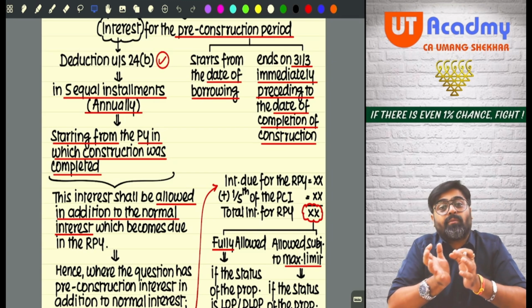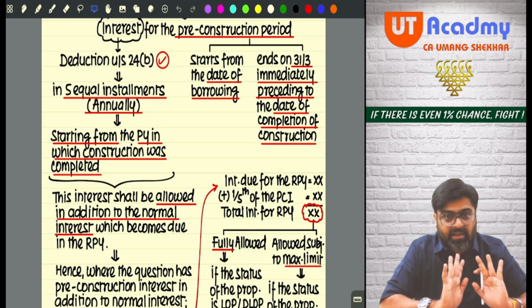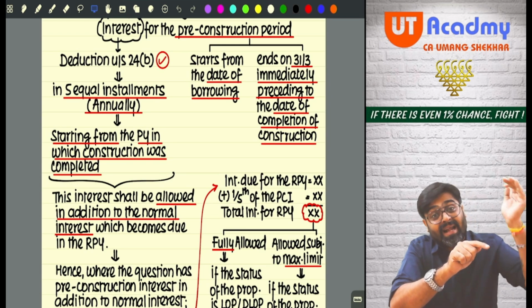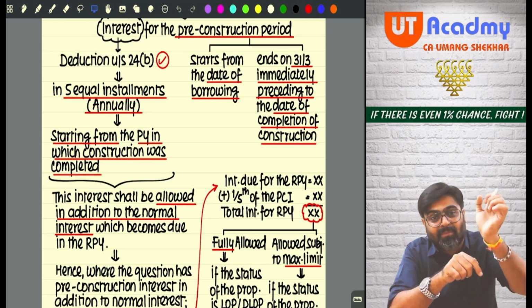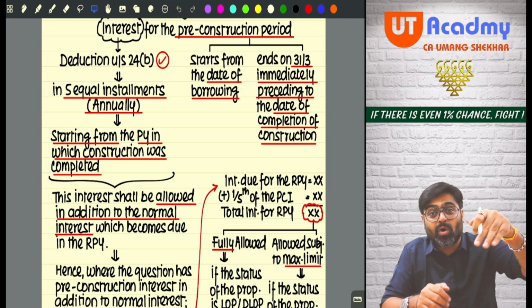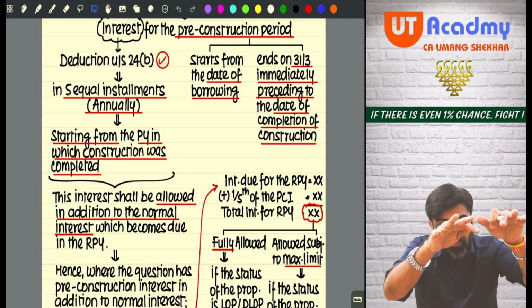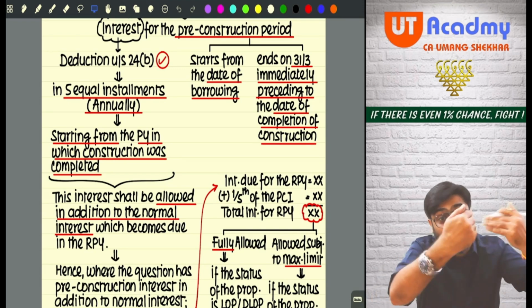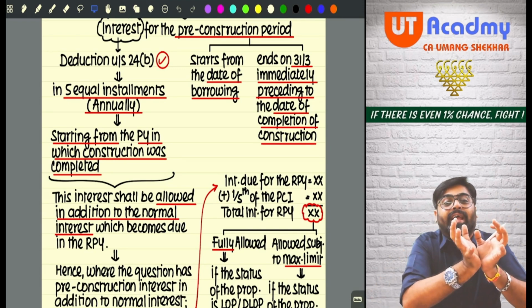So you are trying to claim 1/5 in the year in which the construction completed. But in that year also, some interest will become due, because the loan will be still outstanding. So on that loan, whatever normal interest becomes due for that year, that is going to be allowed. But along with that, this 1/5 you take in that year.